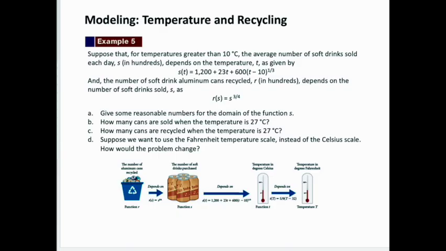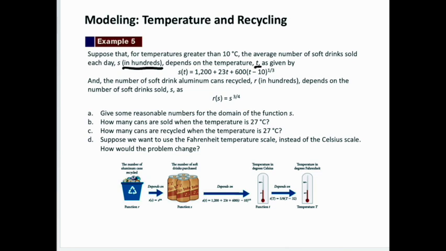So now we're going to talk about an example or an application with how temperature and recycling relate. That was similar to what we talked about at the beginning of the section or the lesson. In example 5, it says, suppose that for temperatures greater than 10 degrees Celsius, the average number of soft drinks sold each day, which is S, that's what they're calling the drinks sold, and that's going to be in hundreds.